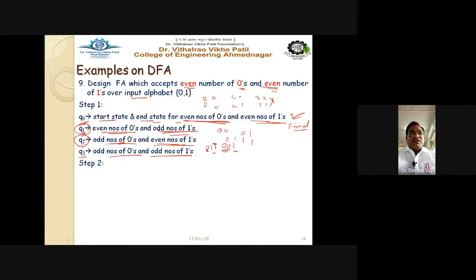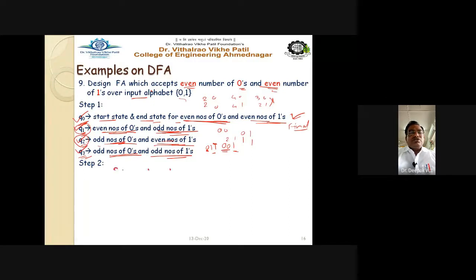Q1 is even number of 0 but odd number of 1, Q2 is odd number of 0 and even number of 1, and Q3 is both odd number of zeros and odd number of ones. Because whatever may be the string, we don't know which will be the next input, and how many zeros and how many ones will be in the coming input strings. We don't know this. That's why we have to identify the states like this: Q0, Q1, Q2 and Q3.